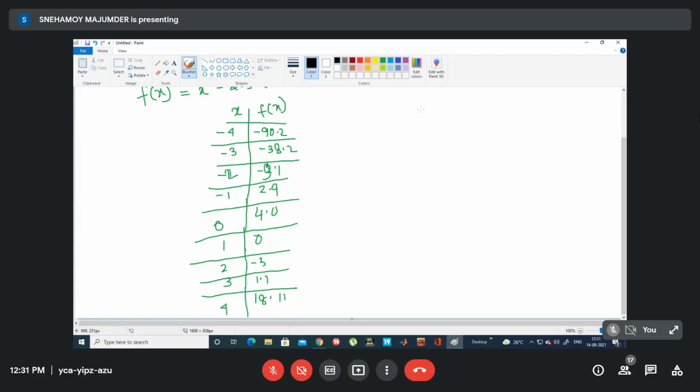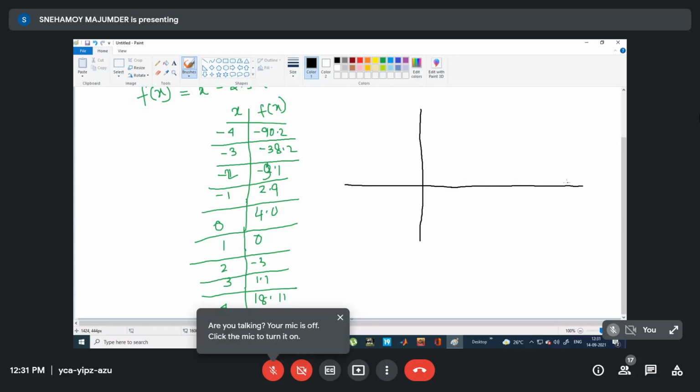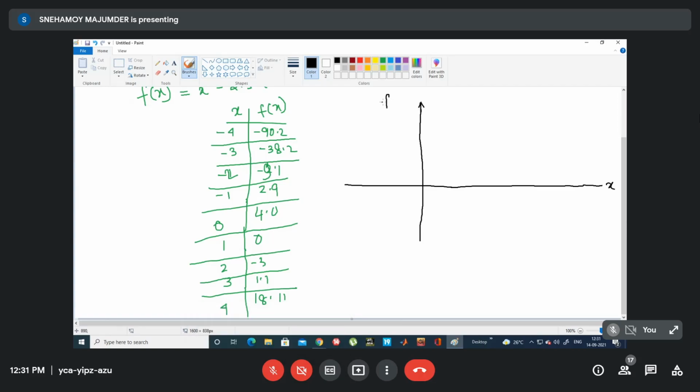Now plot this. Along this axis x, along this axis f(x): 0, 1, 2, 3, 4, -1, -2, -3, -4, and -50.